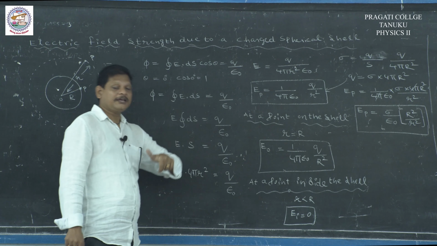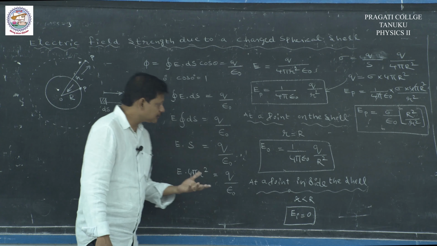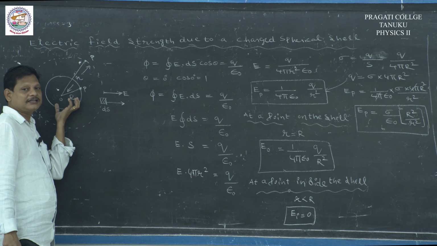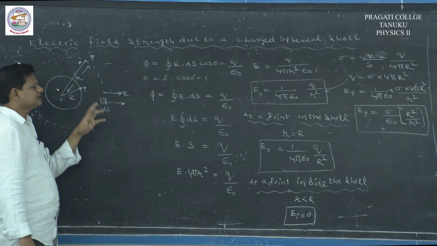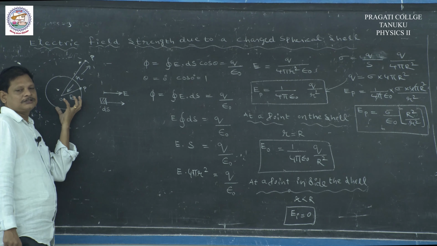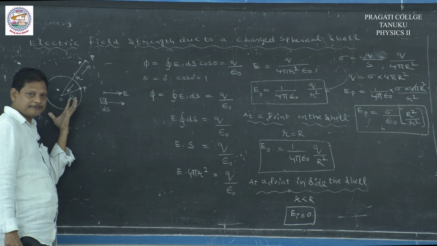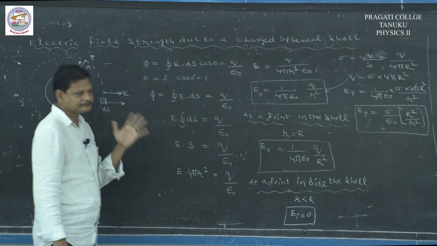One is hollow sphere, another one is solid sphere. Hollow sphere means no charges inside the sphere, that is called spherical shell. Solid sphere means there are charges inside the sphere. So, a hollow sphere possesses surface charge density, and a solid sphere possesses volume charge density.